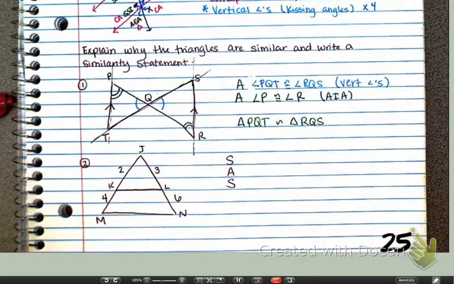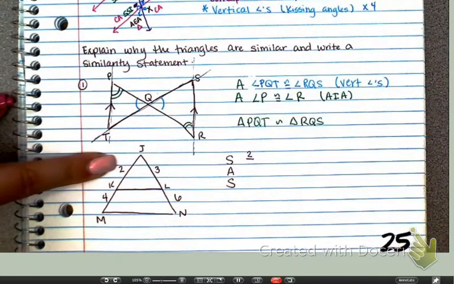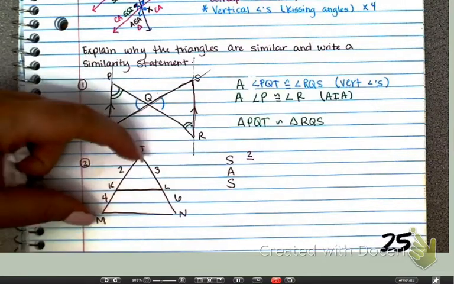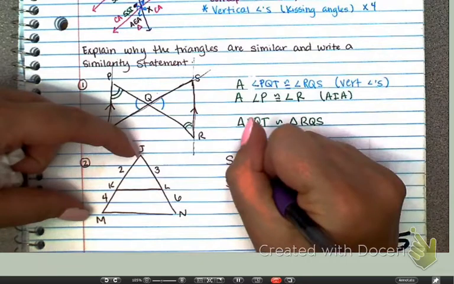Hold on, let's start with the sides. We're going to do one thing at a time. So let's start with this side. So what side? 2 would be similar to what? 6. The small to the whole triangle. Right?